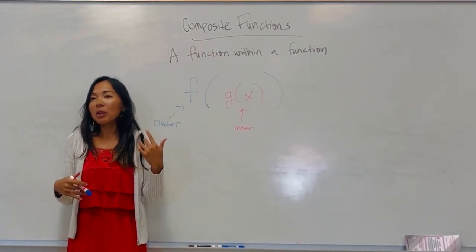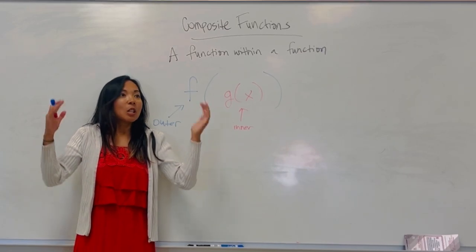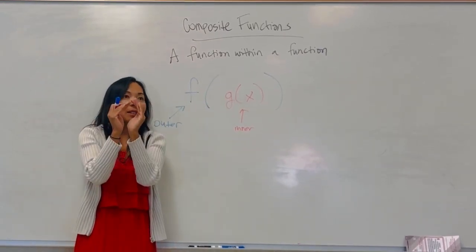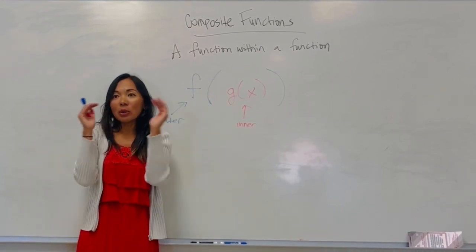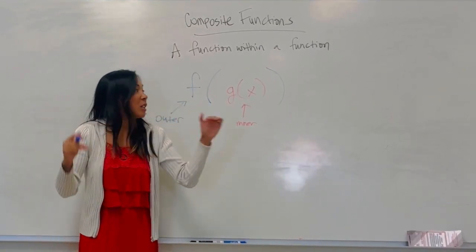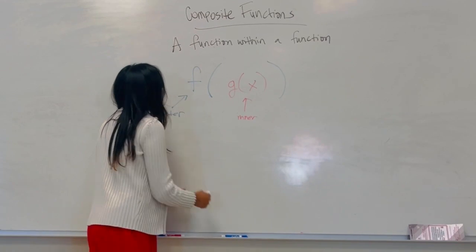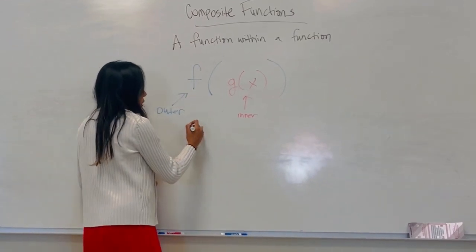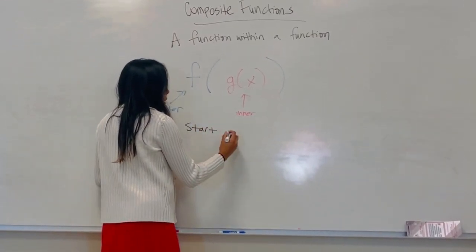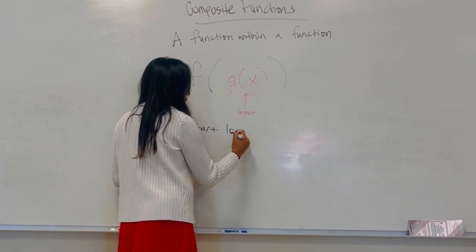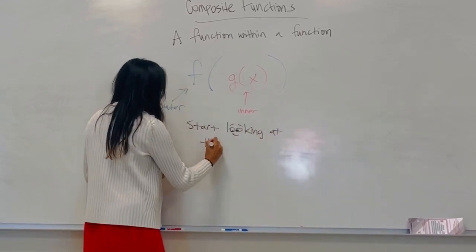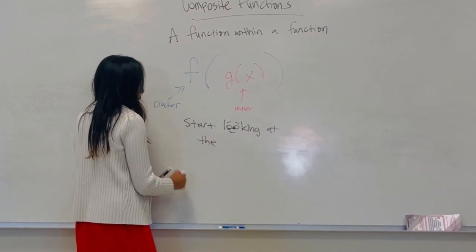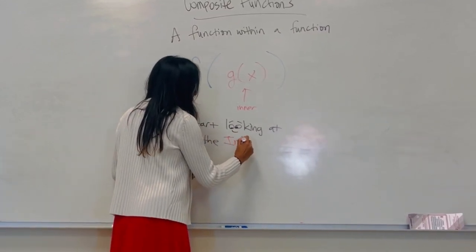If you remember order of operations, you always want to work from inside the parentheses and move outwards. It's the same story. You always want to start from within and then move out. So the main idea is start looking at the inner function first.